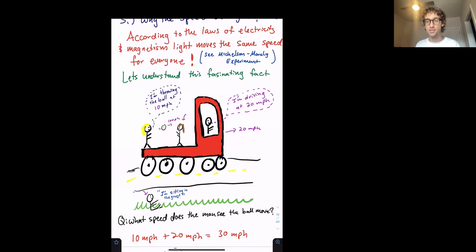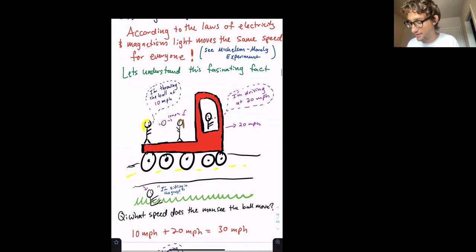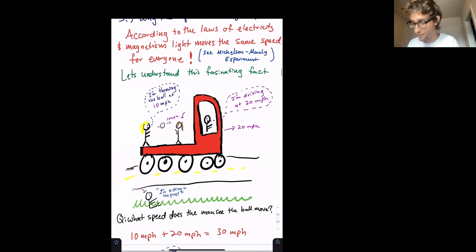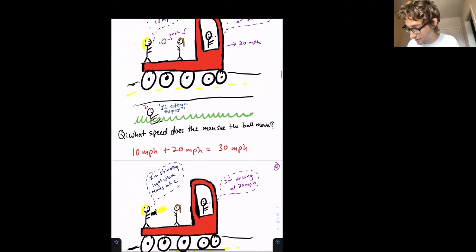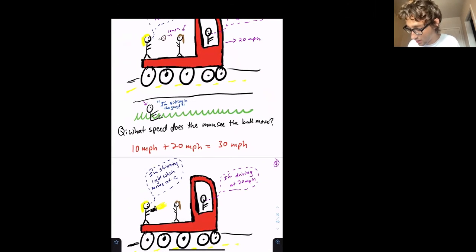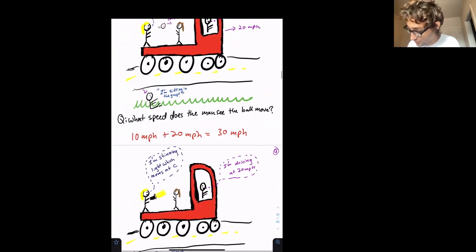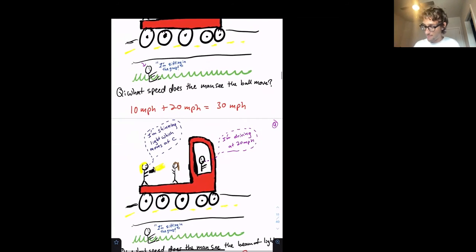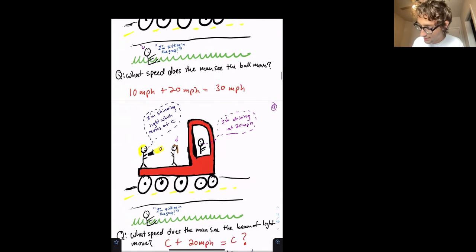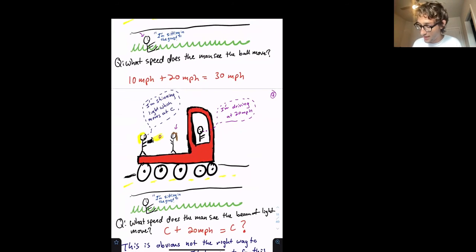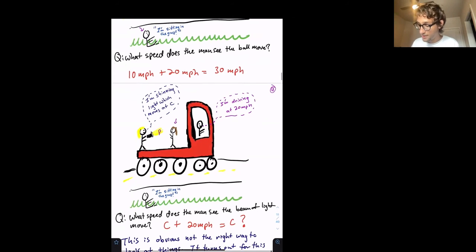So just to get some intuition again about why the speed of light moving the same for everyone is kind of weird, now let's replace this ball with a light beam, and the car is still driving at 20 miles per hour, and there's a person sitting on the grass. The girl in the truck is going to see this beam of light move at the speed c, and the guy on the grass is going to see this beam of light moving at speed c too.